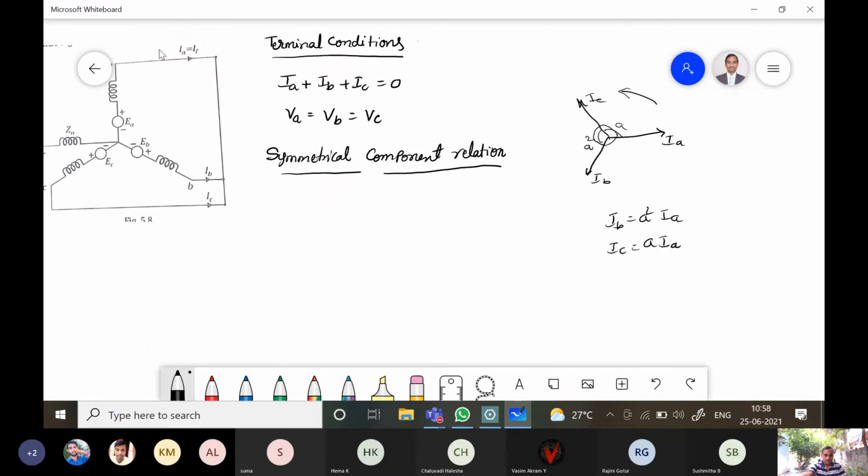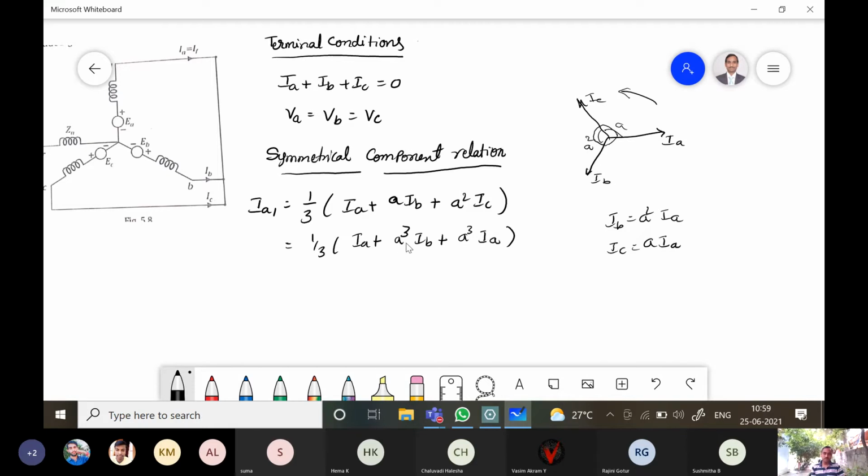Therefore we write IA1 is equal to 1 by 3 times of IA plus A into IB plus A square into IC, right? Substitute here: 1 by 3 times of IA plus, IB is equal to A square IA, so A into A square, so A cube into IA. Similarly IC is equal to A into IA, so this is also equal to A cube into IA.